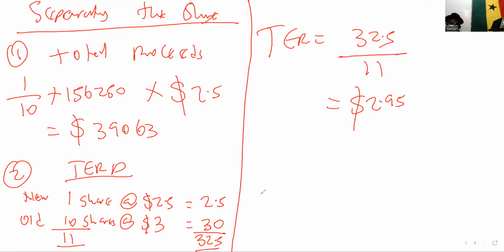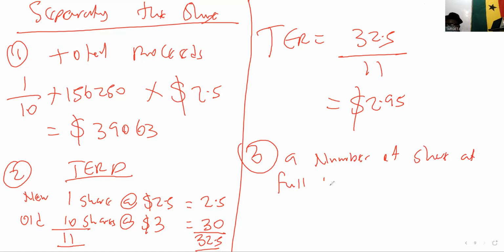So now we are done. Let's go to step 3A. Number of shares at full market price. For that one, divide the total proceeds by the TEP.